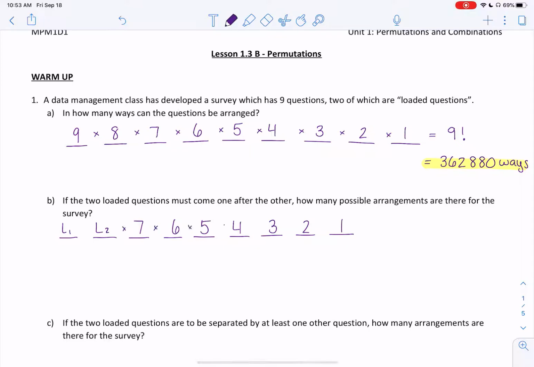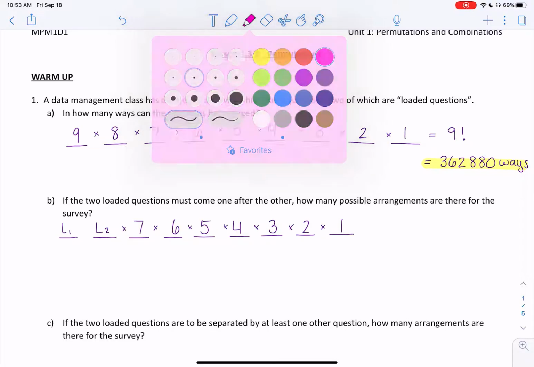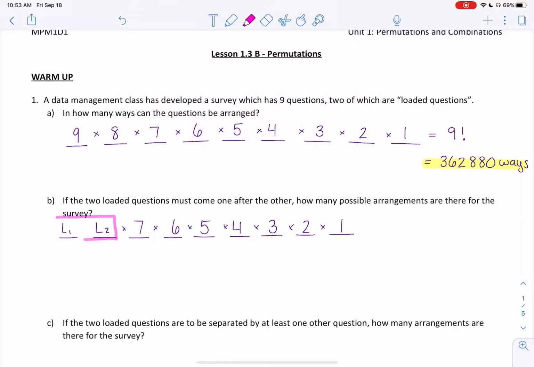Now, this L1 and L2 combo doesn't have to be in that first spot. This L1, L2 combo could be here, that's the first spot, or here, that's the second spot. It could also be here, which is a third spot, here, which is a fourth spot, here, which is a fifth spot, sixth, seventh, and 8.